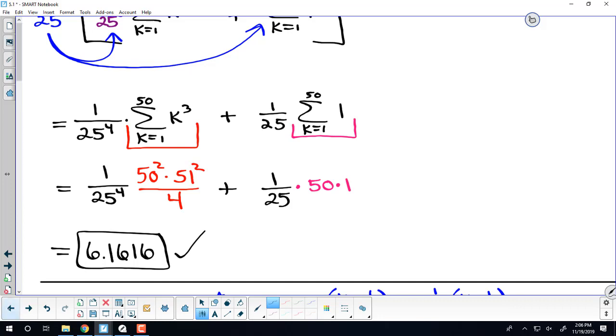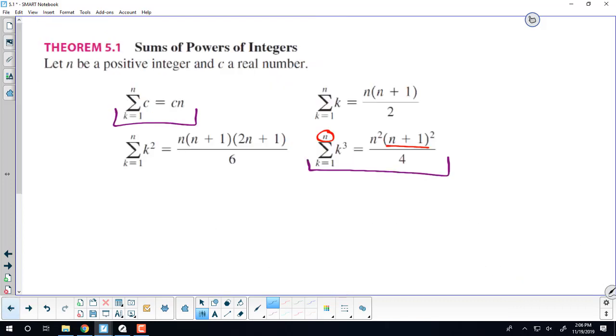Or more generally speaking, this function of k, particularly in this example, the function of k cubed in front of the summation from 1 to n actually gets turned into an expression involving n, or a function involving n, right?